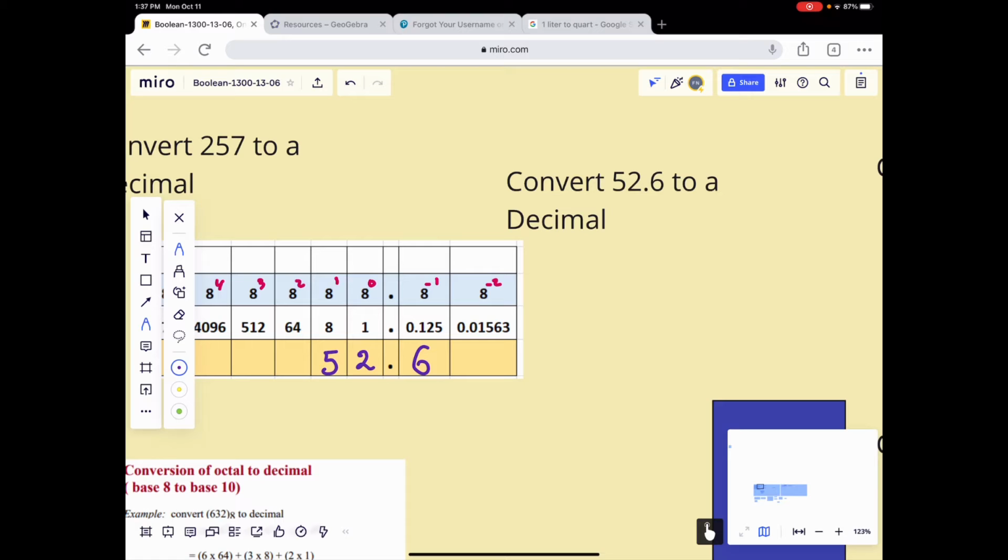So you have 5 multiplied by 8, plus 2 multiplied by 1, plus 6 multiplied by the decimal equivalent of 1 over 8, which is 0.125. You add them all together: 40 plus 2 equals 42, so the answer is 42.75.